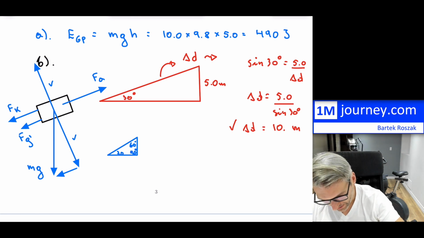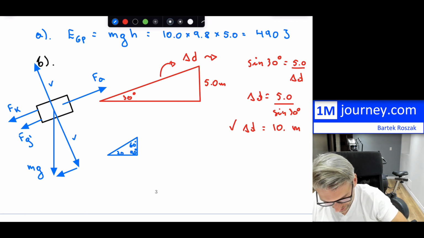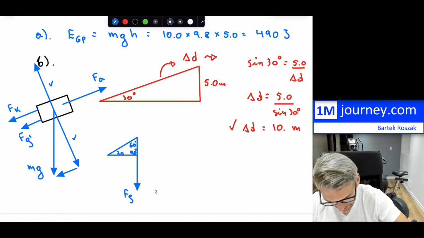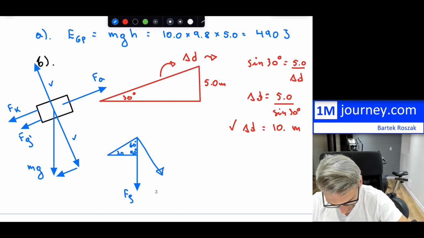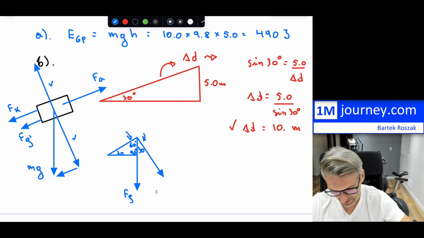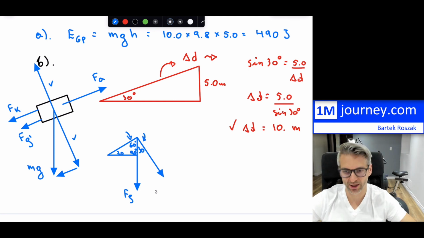And now this particular component, so that's what you have. This is basically your force of gravity, and this is what you want to obtain. Now notice that this angle is just 30, because right here, if this is 60, then this is going to be 30 because they sum up to 90, as they're at a right angle.